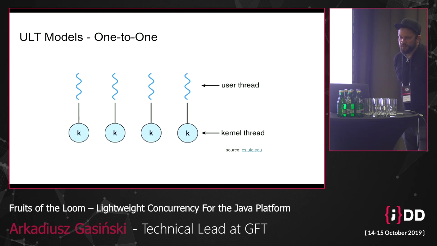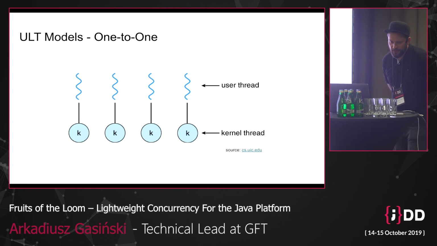The second model is the one-to-one model. It's a bit better. In this model, for every thread that lives in the user space, you have a corresponding thread in the kernel space, and this overcomes the disadvantage that whenever a blocking call is made, your entire program is blocked. Here, if some thread makes a blocking call, it only blocks one kernel thread, not the whole process.